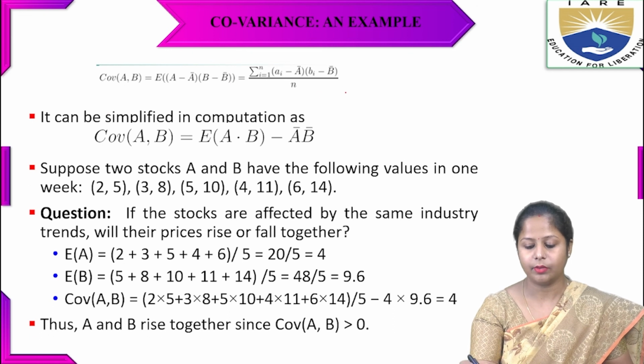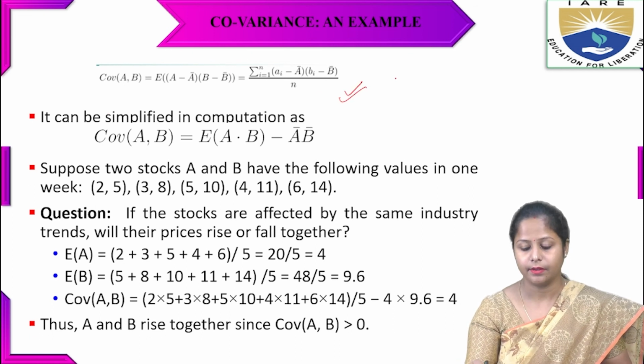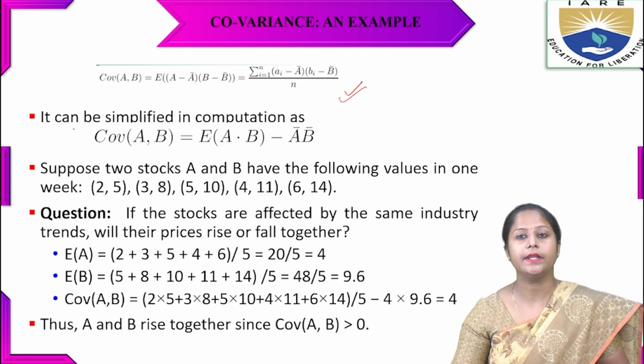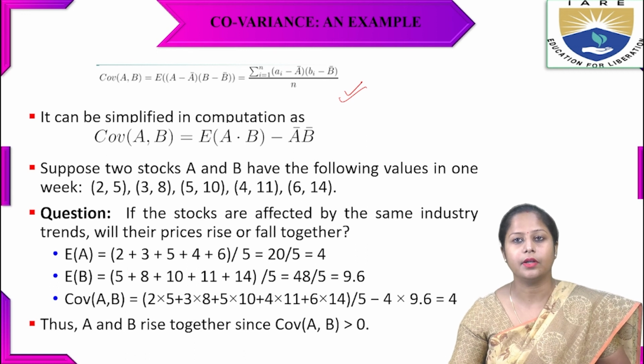The formula we have already seen can be simplified in computation as covariance of A and B equals E of A dot B minus A bar B bar.